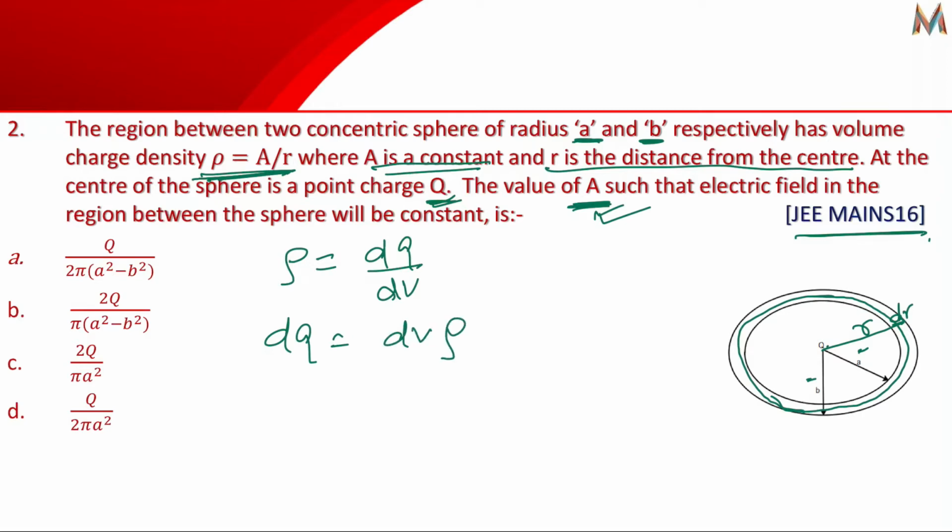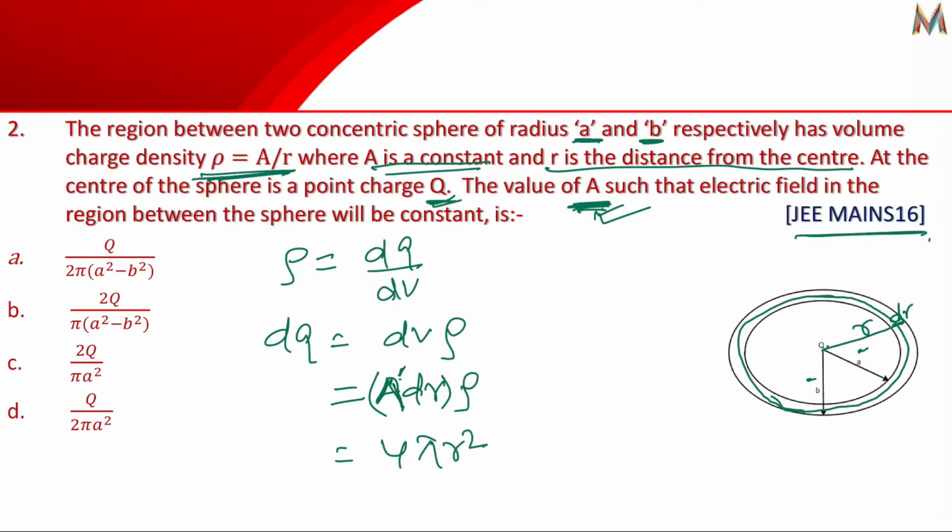This is the volume charge density. We can write dv as A dash into dr, where A dash is the surface area, which is different from this A. Here A dash is 4 pi r square.